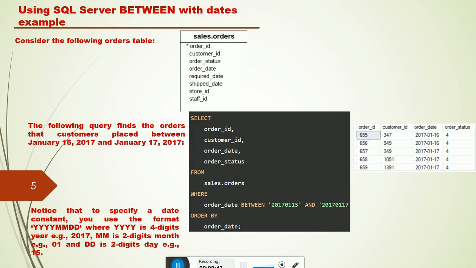Here we will consider the following orders table: sales.orders, with order ID, customer ID, order status, order date, required date, ship date, store ID and the staff ID. These are the fields in the orders table. We will take this table as an example.